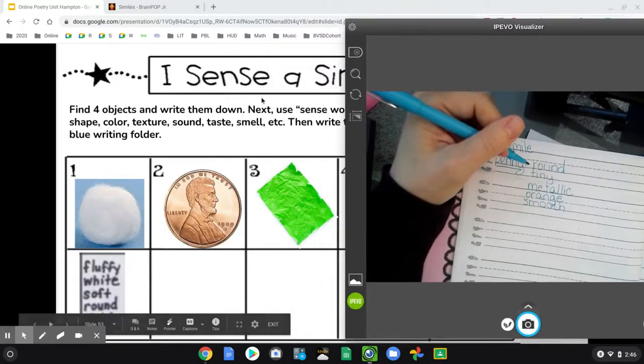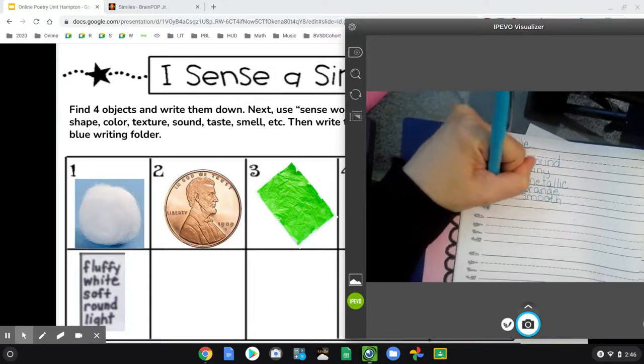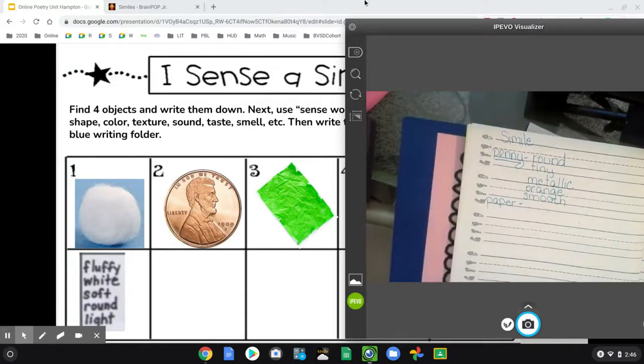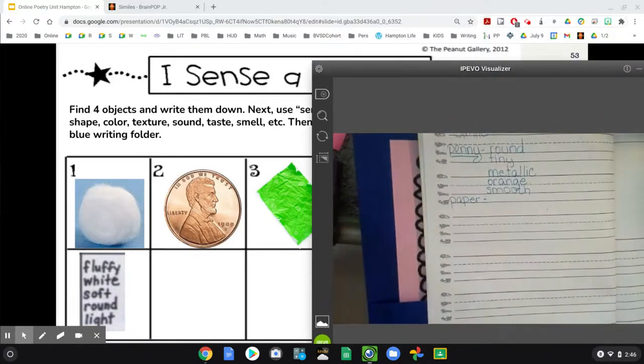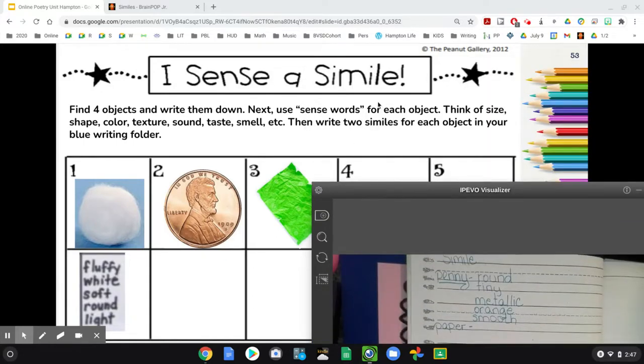Here I have this green piece of paper. Okay, so over here I'm going to write paper. Now, what are some words? And remember, when I'm thinking of my words, I want to be thinking of my sense words. Think of their size, the shape, the color, the texture, how it sounds, tastes, smells, etc. Okay.